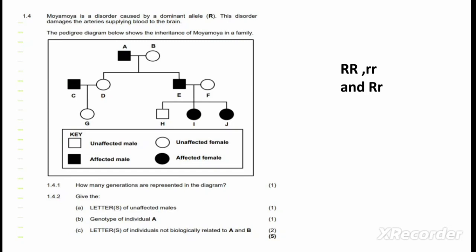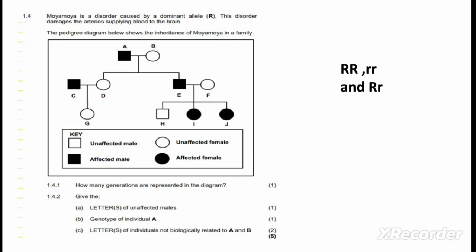So now let me tell you about homozygous and heterozygous before we move on. Capital letter RR, that is homozygous dominant. It just means that we have 2 copies of dominant alleles for a gene. So it's just 2 capital letters.